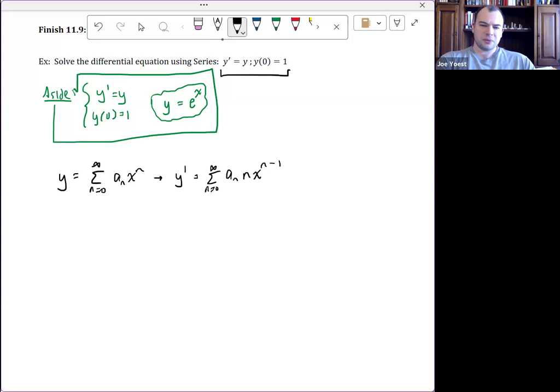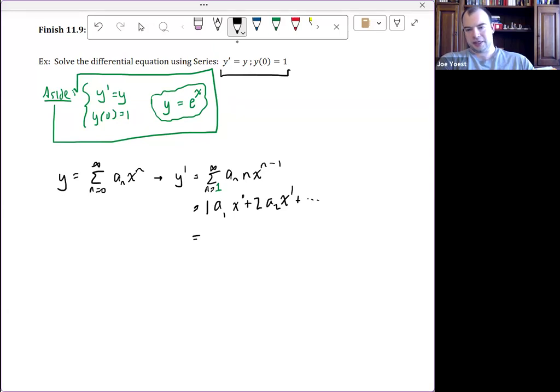We get some, well, not really n equals 0 to infinity, because the initial sum was a naught plus a1x and so on. But let's fix this bottom index here: n equals 1 to infinity, a sub n times n x to the n minus 1. Or this is like 1 times a1 x to the 0 plus 2 a2 x to the 1, and so on.